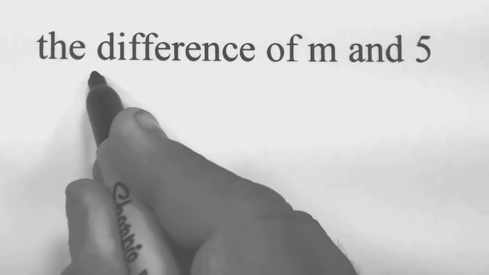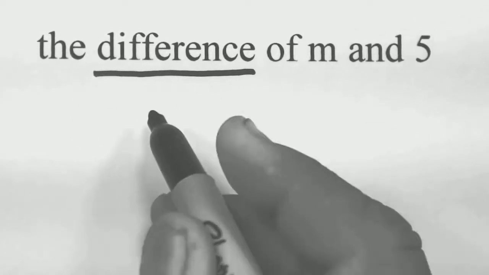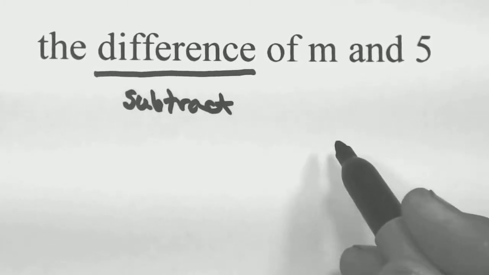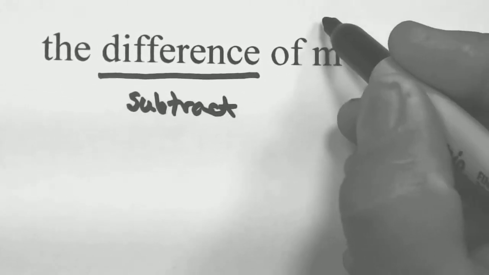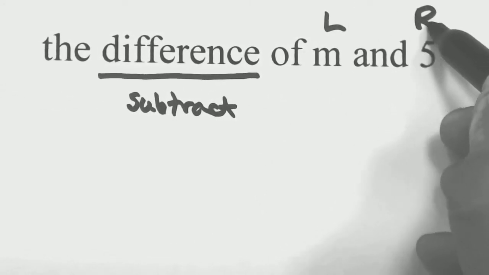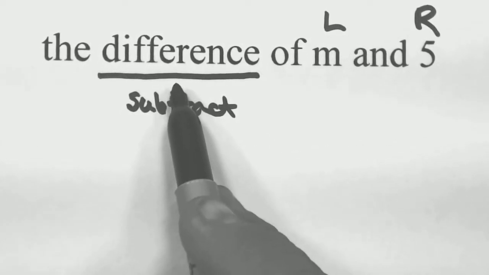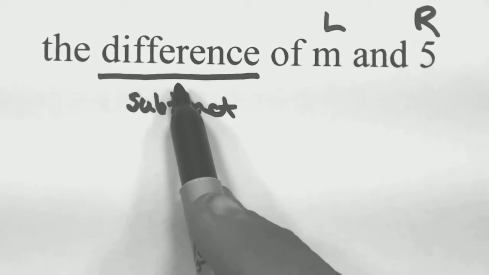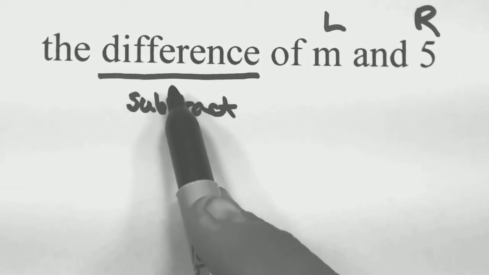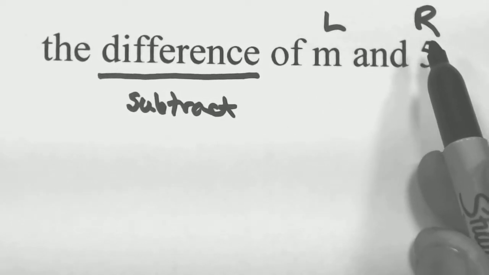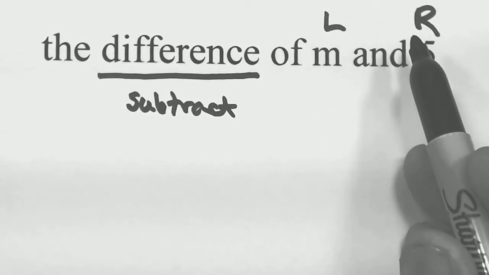Now, of course, we've mentioned to you this magic word for subtraction, difference. Difference is the only way of indicating subtract where we assume that the numbers are given to us in correct left to right order. That means, among other things, if you ever use the word difference yourself in a problem, you have to make sure that you give the numbers in correct left to right order, because that's what everybody's going to assume.